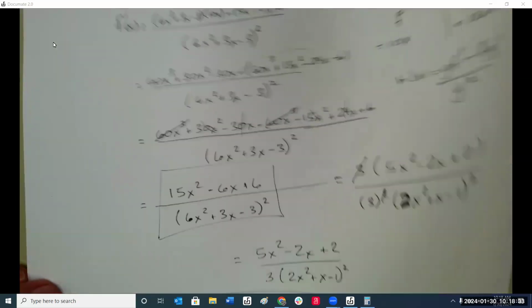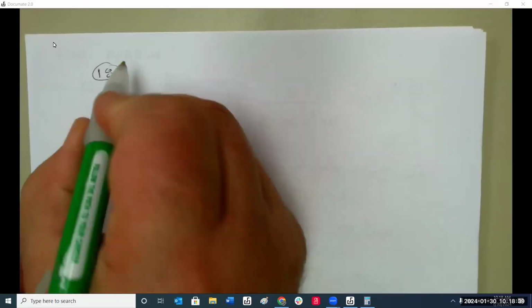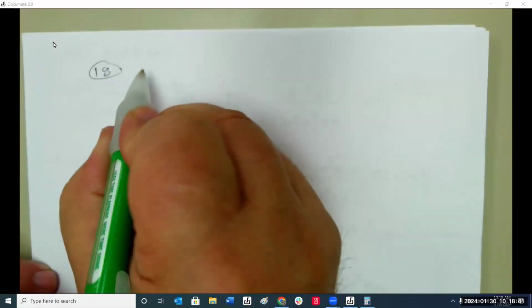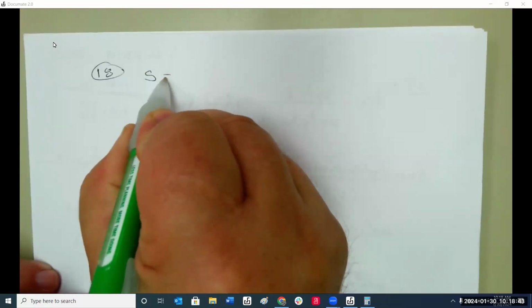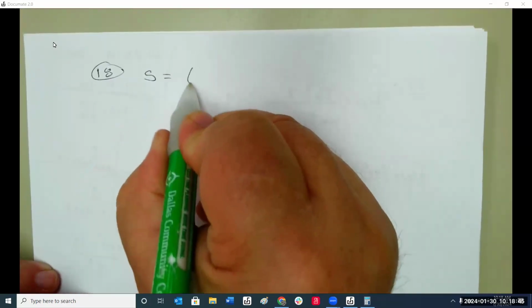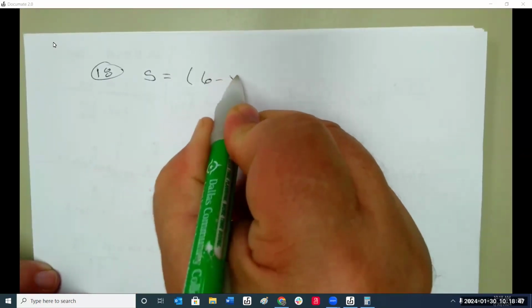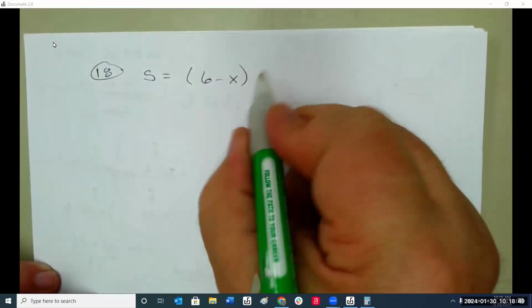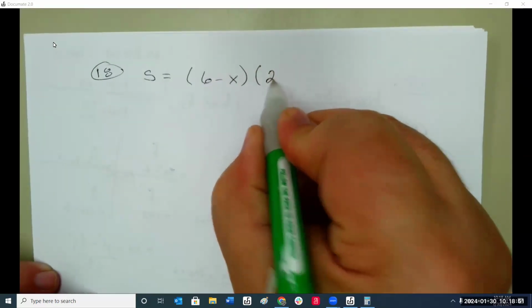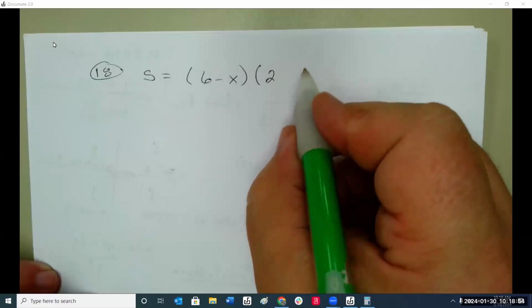Number 18. Find the derivative of this function. Instead of t for time, I'm using x because my t's look like numbers.